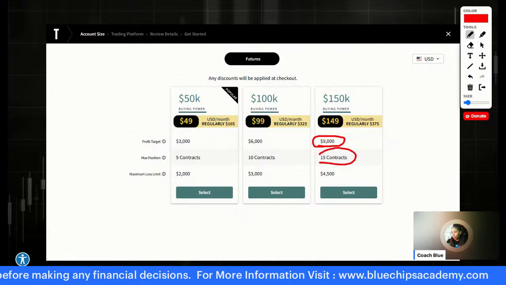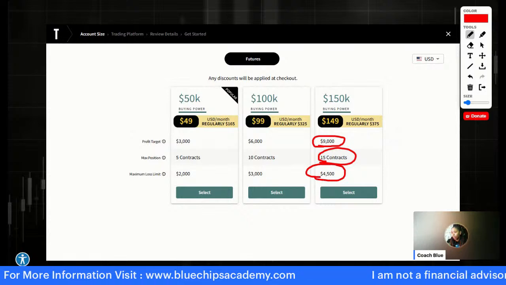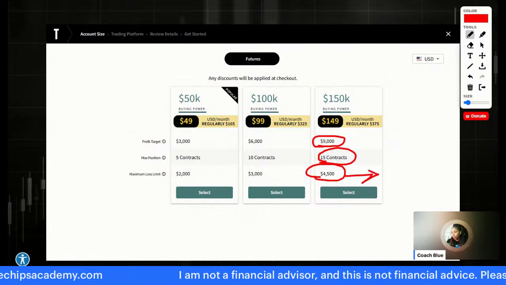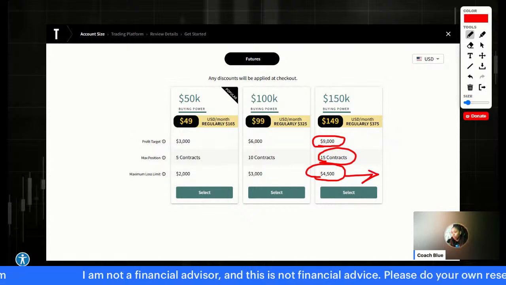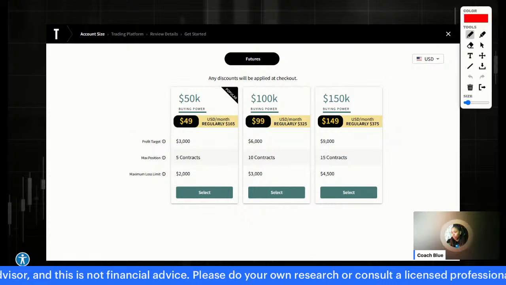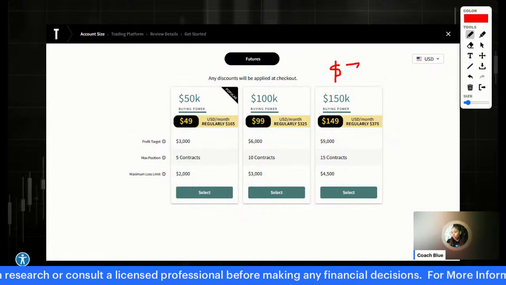They give you 15 contracts, and you can't lose more than $4,500. So if you lose that, then you've breached the account. All right. So once you have that, now you're in position to scale up to, which is the ultimate goal, $750,000.